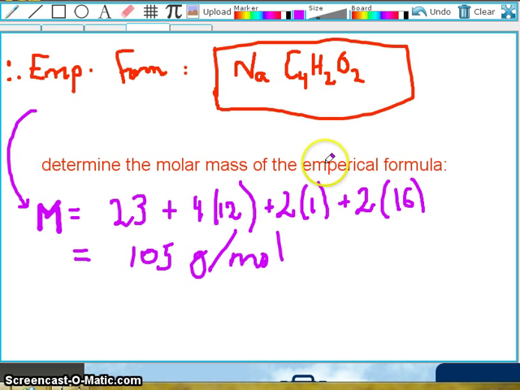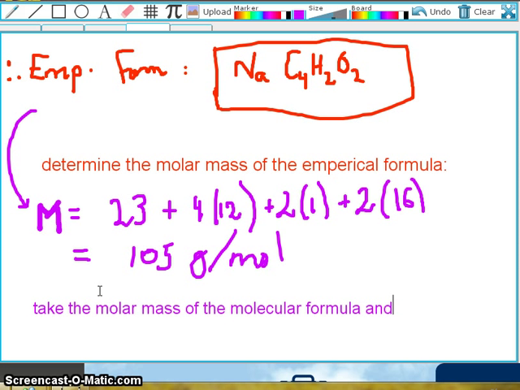So what you do, you take the molar mass of the empirical formula, and we'll just write that down so you don't forget. So take the molar mass of the molecular formula, and essentially just divide it by the molar mass of the empirical formula.